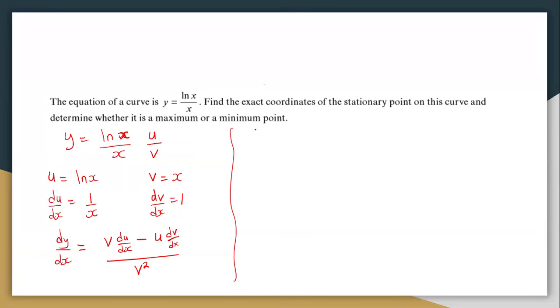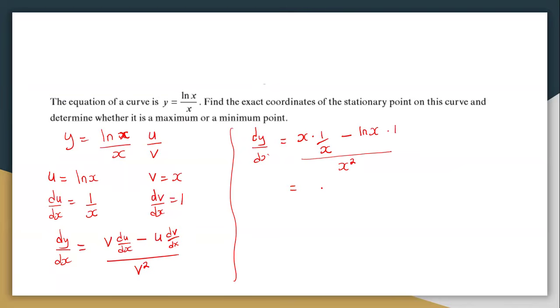And it becomes x times 1 over x minus ln x times 1, over x squared.